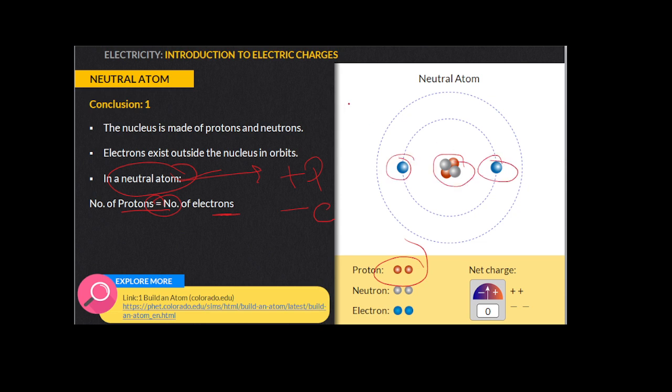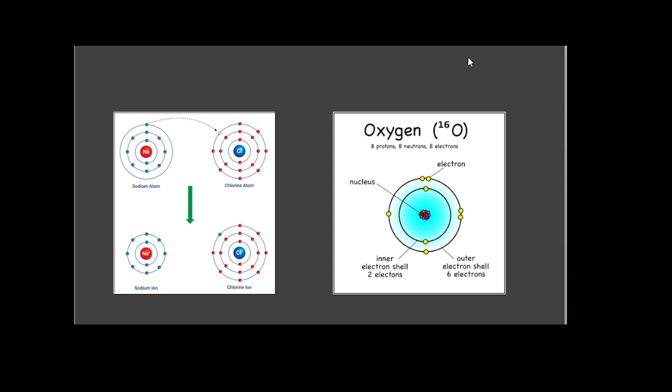Two protons means 2 plus charge, two electrons means 2 minus charge, so the net charge will be 0. That is a neutral atom. Now, an example is oxygen. In its stable form, oxygen has 8 protons, so it will have 8 electrons. Then an atom of oxygen will be neutral.